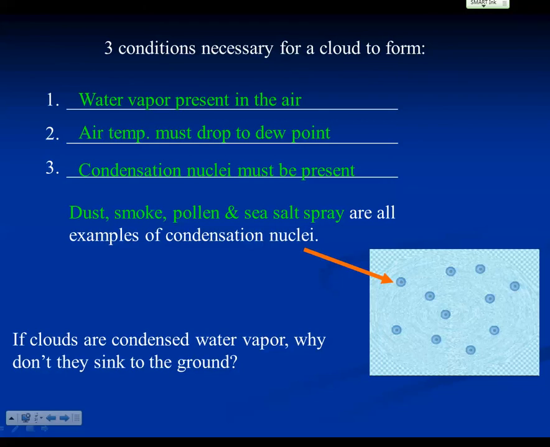Well, a question that I often get asked: if clouds are condensed water vapor, if they're actually liquid or even ice crystals, why don't they sink to the ground? And that's a great question to ask. A couple different answers to that question. One, remember that during the daytime, that air is being heated on the ground and air is rising. So we have these vertical currents going on, and those currents can help to keep those clouds aloft up in the air.